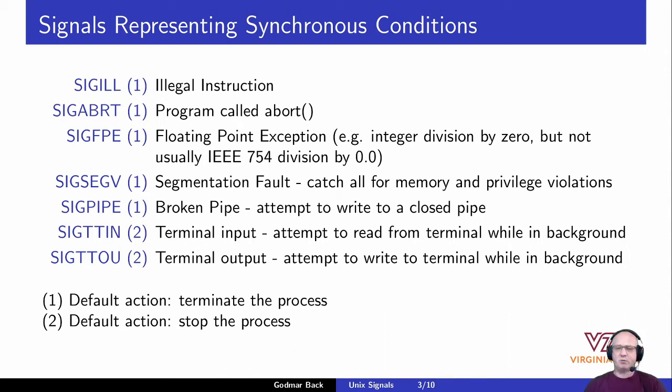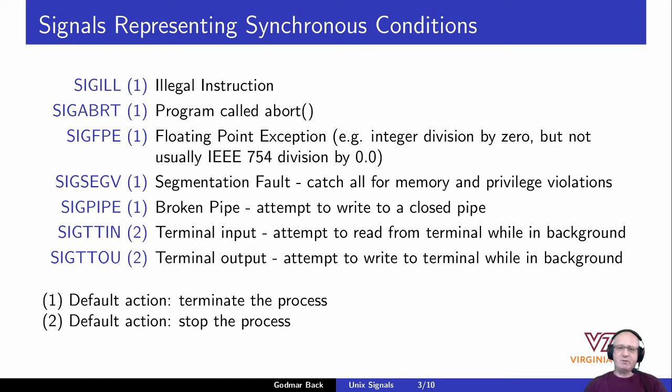The other signal is SIGPIPE, broken pipe, if a process tries to write to a pipe where no one is reading from. And there are two more that are related to terminal management, which will become important for developing a job control shell. Those are conditions when a process tries to output something and it is not in the so-called foreground process group of the terminal, and that also leads to the signal being delivered.